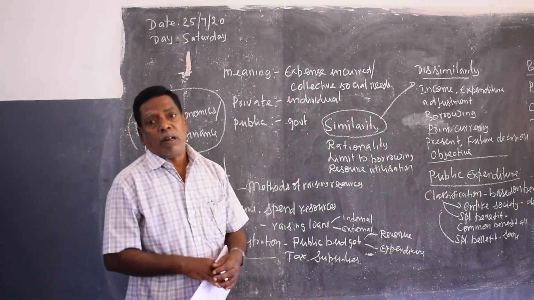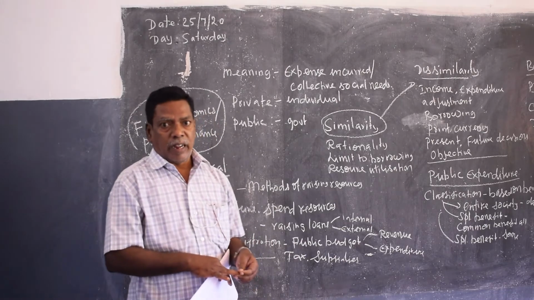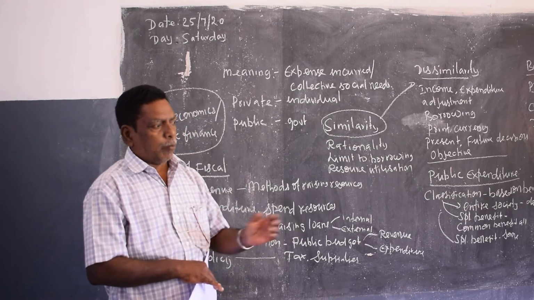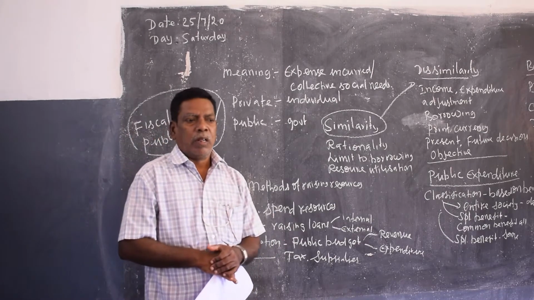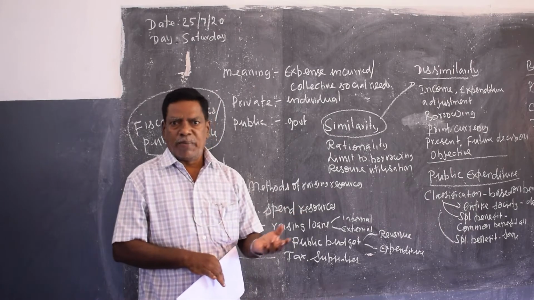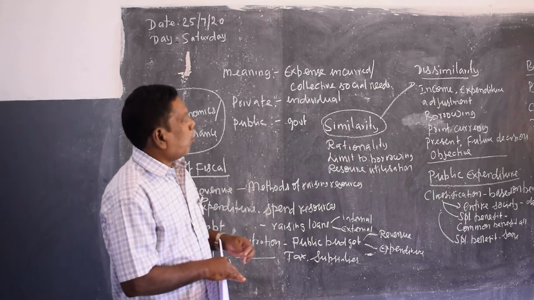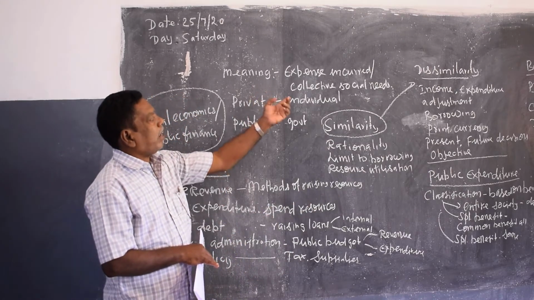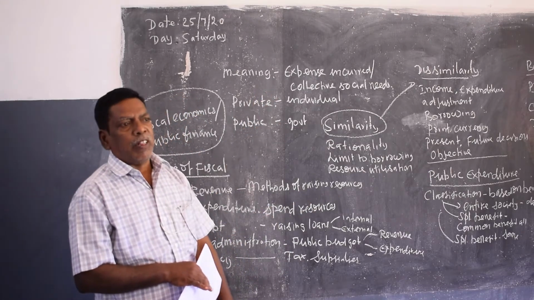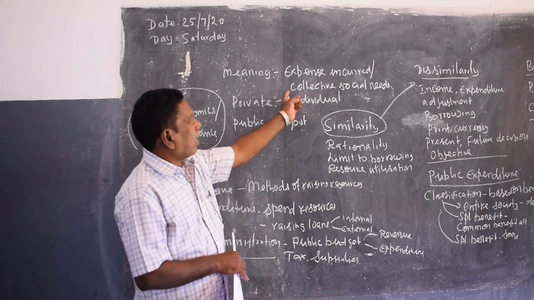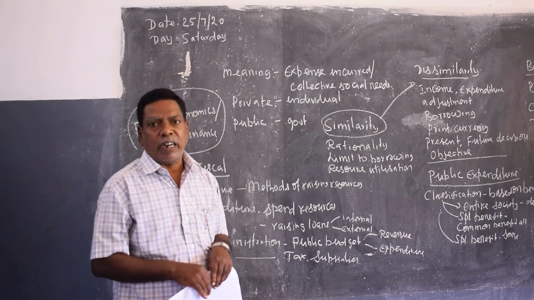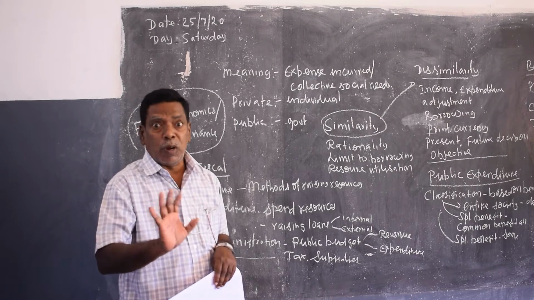That is expenditure incurred by a public authority upon the people. The expenditure involved by either the central government, state government or local body authority upon the people, and mostly how they are spending their money upon the people with various resources. That is the collective social needs, not individual needs.